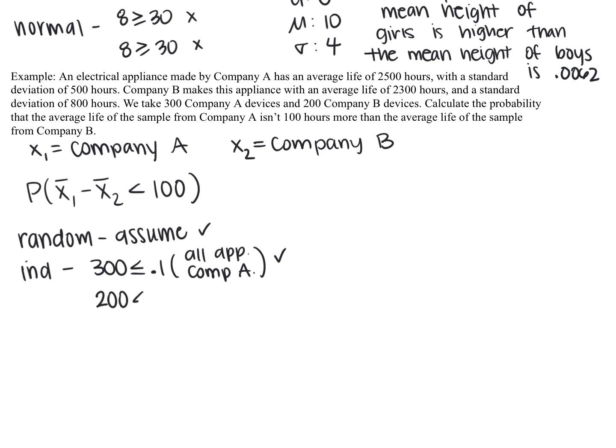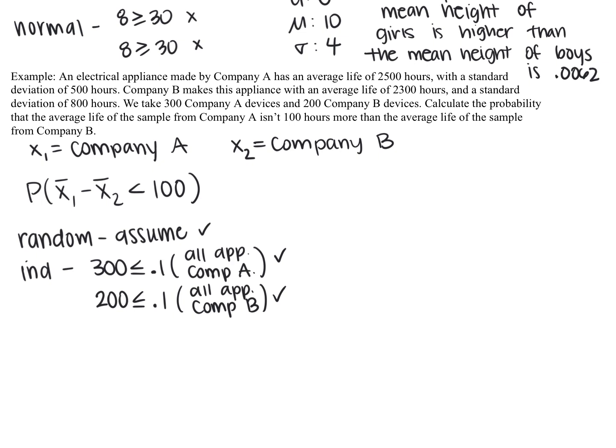And then 200 has to be less than or equal to 10% of all appliances from company B, which we'll go ahead and assume they make at least 2,000. So even though 200 and 300 aren't the same here, they are pretty close in sample sizes, so it's not too big of a difference.